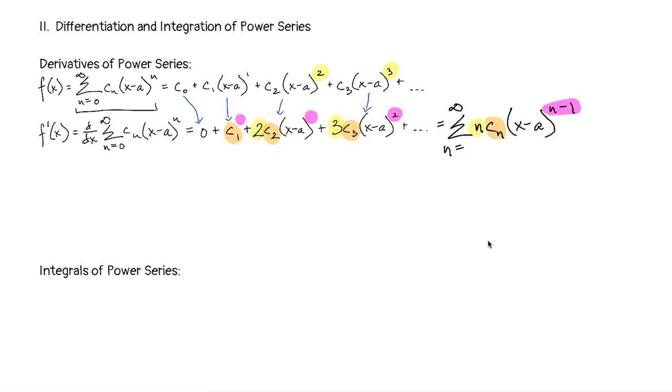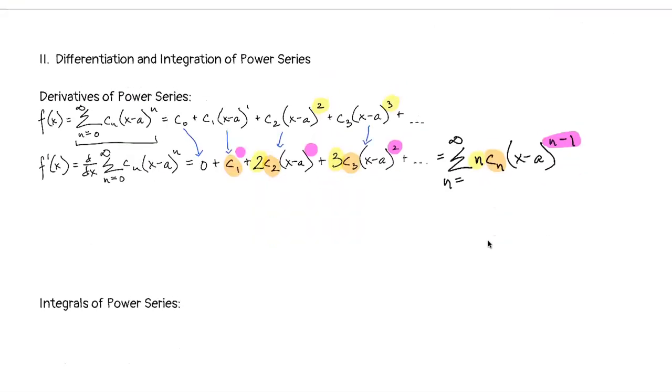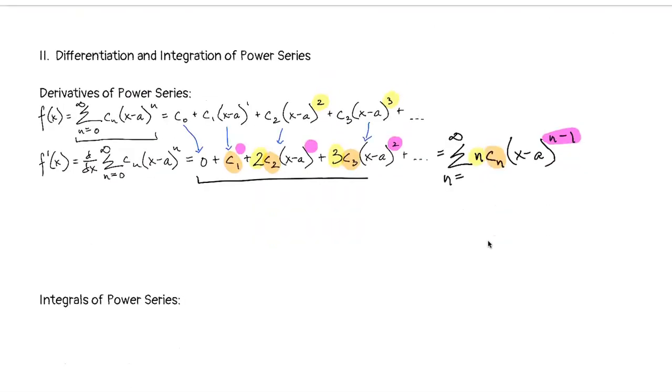But also, how could you tell from here? It starts with 0. Yeah, but we don't ever really write 0. Right? If I have 0 plus something, I don't usually write that. So what's the first official term in this series? C sub 1. If that's the first term, I got to start with n equals 1.